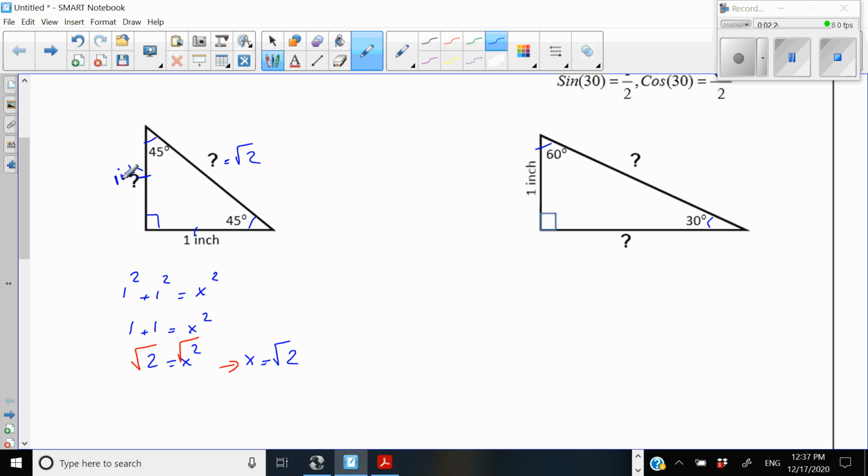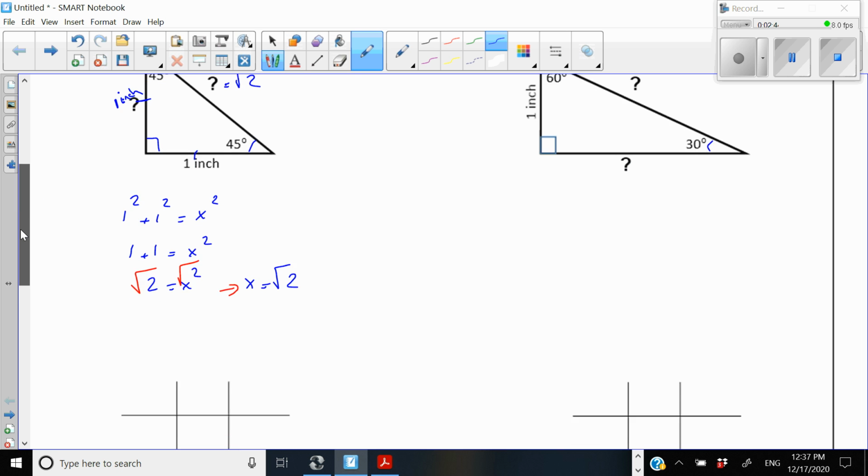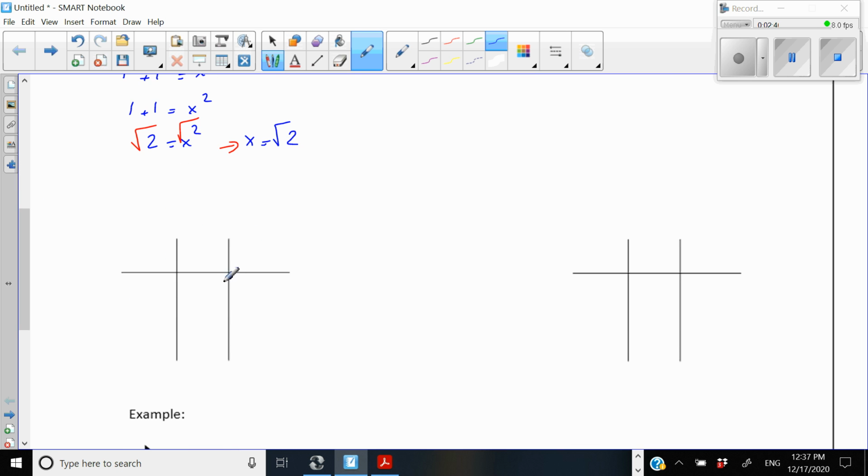So I can use these measures of the sides as a ratio between the sides of all the triangles which have the same measure of the angles. Any kind of 45, 45, 90 triangle that I have always has the same ratio between the sides. So I'm going to make a table here to help me remember the ratio of the sides of a 45, 45 triangle.